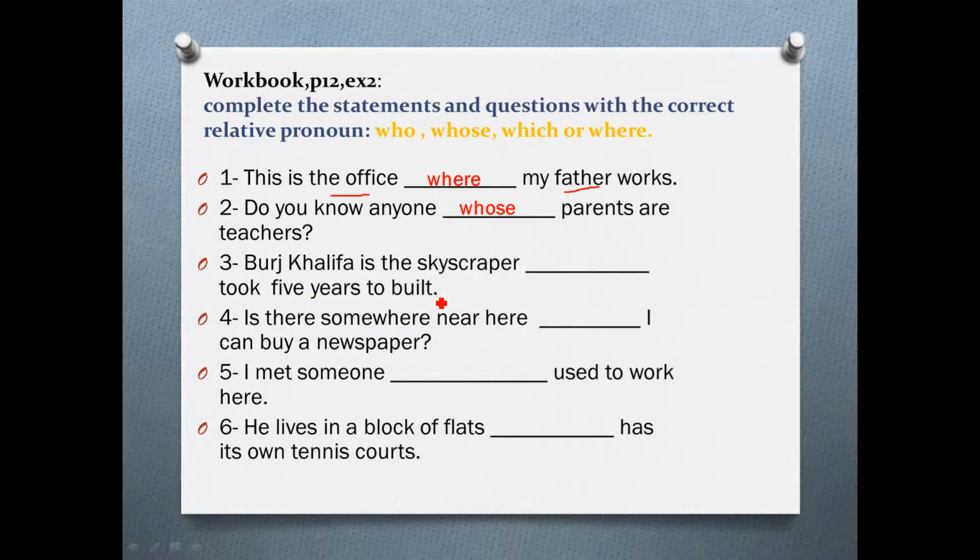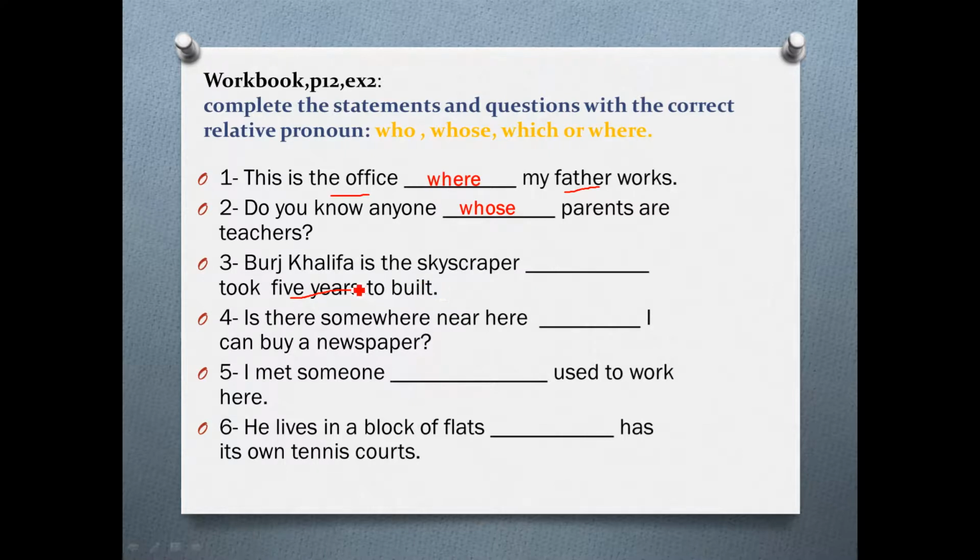Number 3, برج خليفة is the skyscraper blank took 5 years to build. برج خليفة هو ناطحة سحاب. عملية بناء هذا البرج استغرقت 5 سنوات. Now here I'm not talking about the tower itself. هنا أنا لا أتكلم عن برج خليفة كمكان، ولكنني أتكلم عن عملية البناء التي استغرقت 5 سنوات.